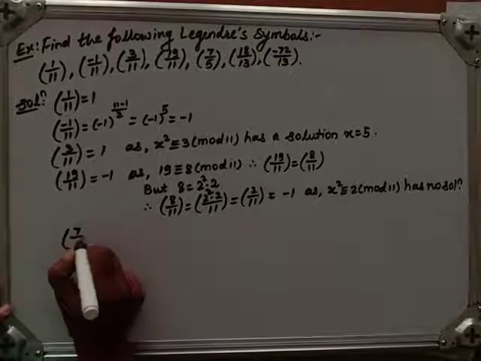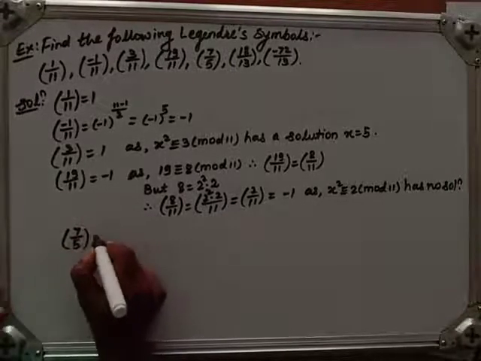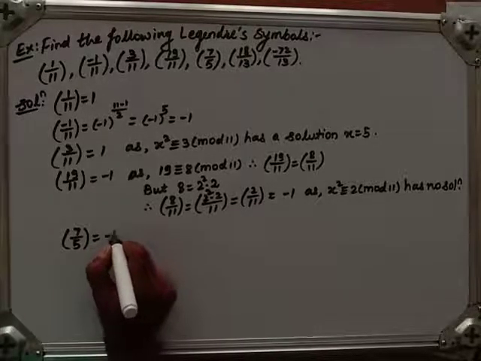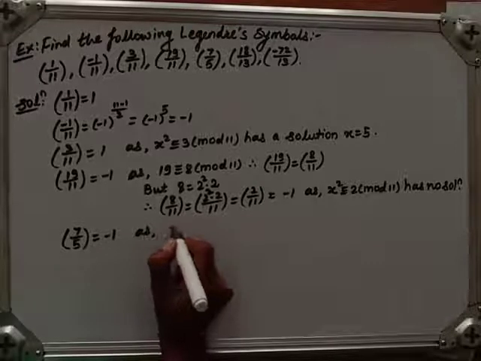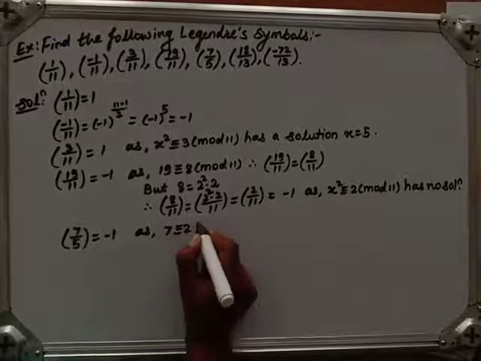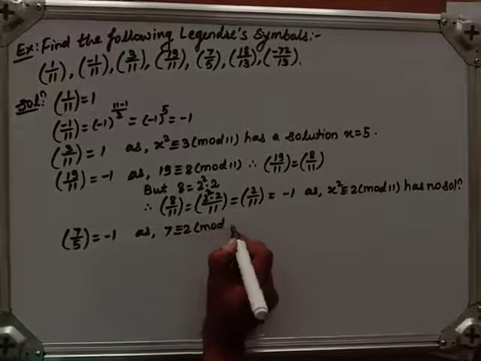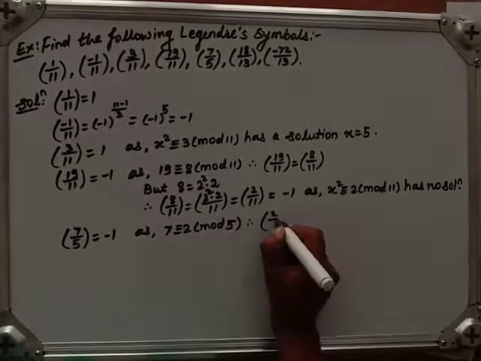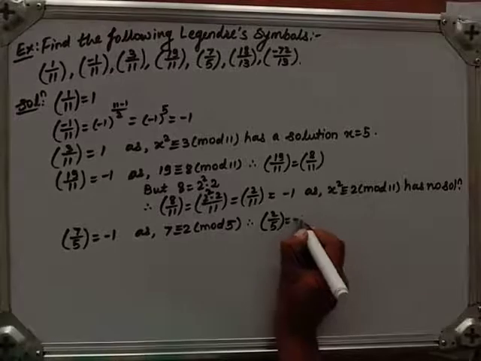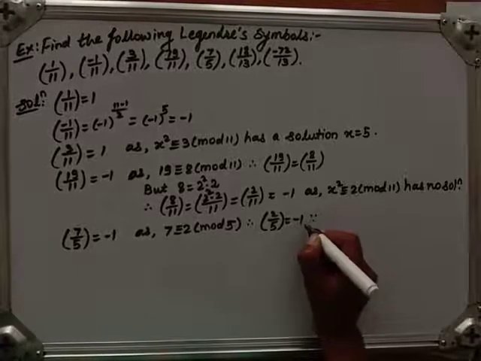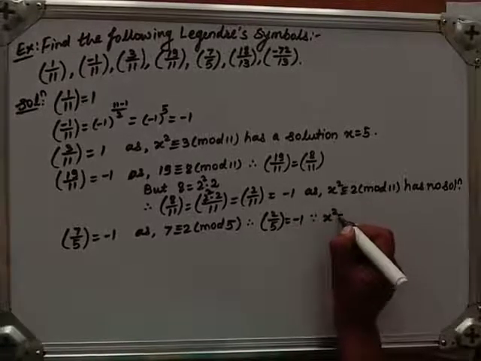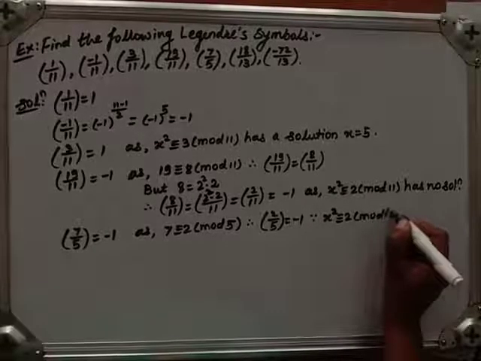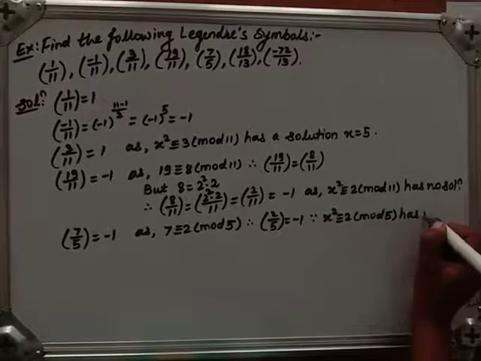Now, Legendre symbol of 7 by 5 is minus 1, as 7 is congruent to 2 modulo 5. Therefore, Legendre symbol of 2 by 5 is minus 1, since x square congruent to 2 modulo 5 has no solution.